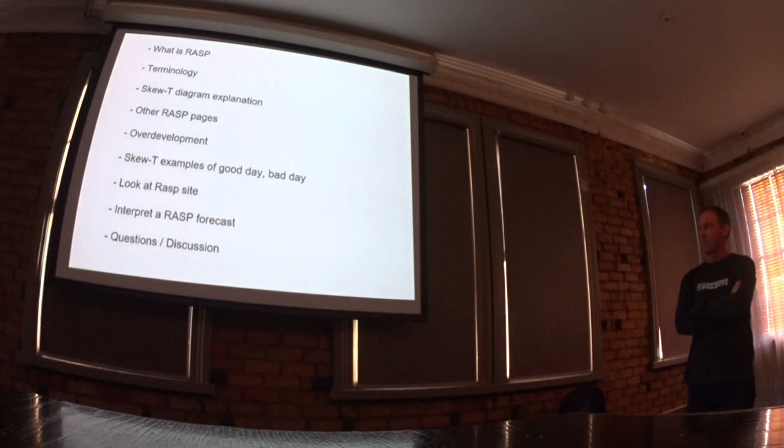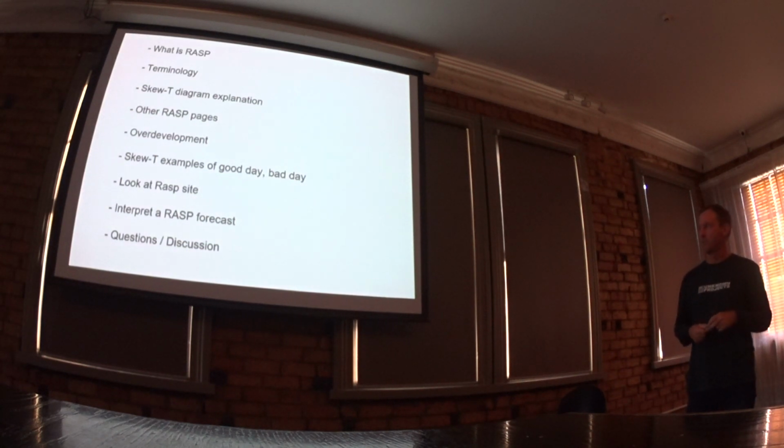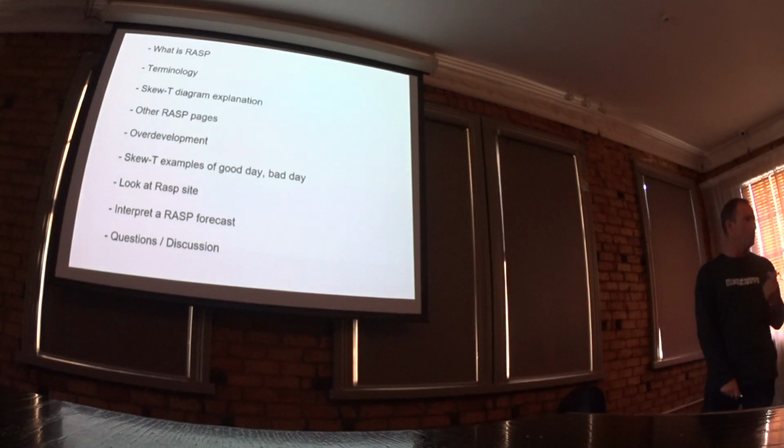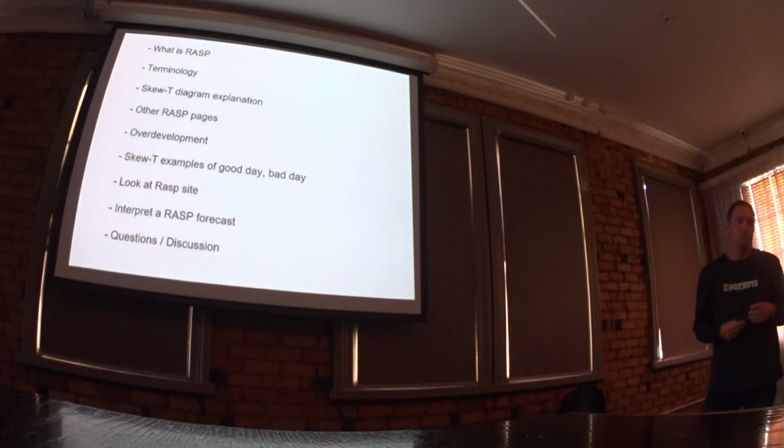And we'll look at overdevelopment and thunderstorm potential, and Skew-T examples of a good day and a bad day, and then we'll look at the RASP website itself, and then we'll interpret a forecast, maybe tomorrow's, so you can get an idea of what I do when I look at it, and questions or a discussion at the end.